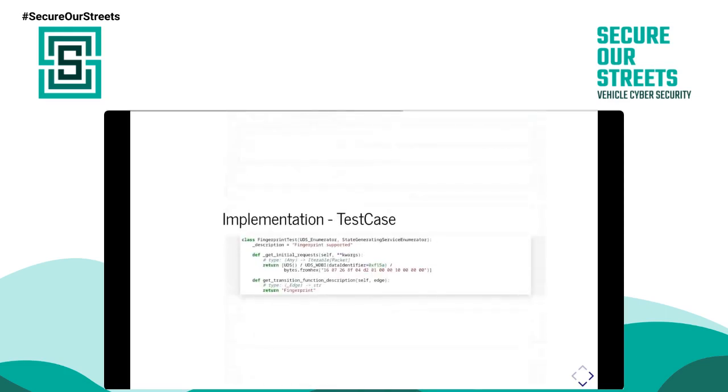Now we can write a fingerprint scanner that checks if the fingerprint function is supported. We just need to derive from our main scanner classes that were already implemented in Scapy, and implement the function getInitialRequests, which is just a generator function to return a list of packets that should be tested.